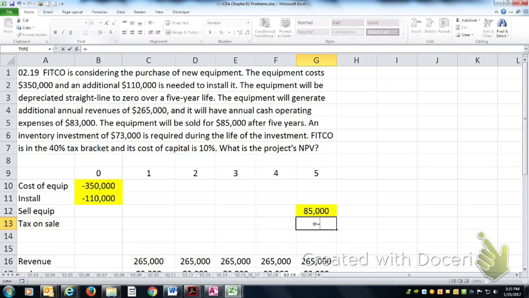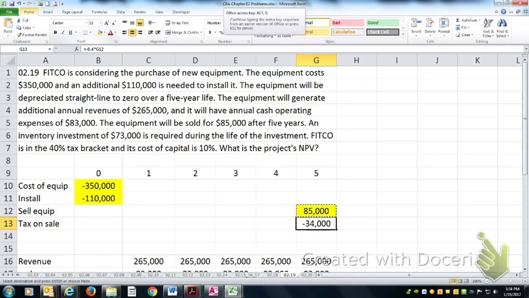So the taxes would be 40% of $85,000. Now enter that as a negative because it's a cash outflow.